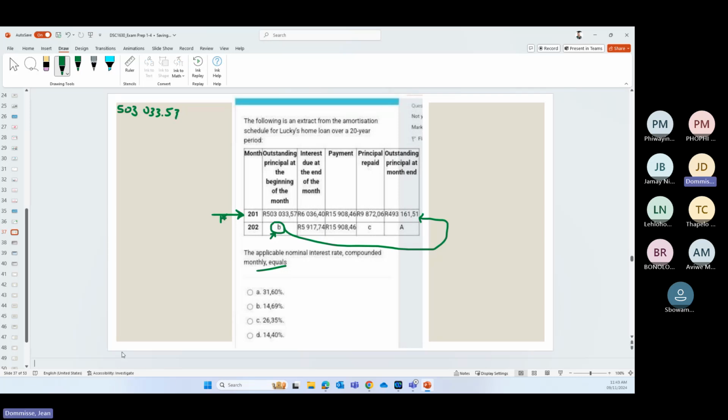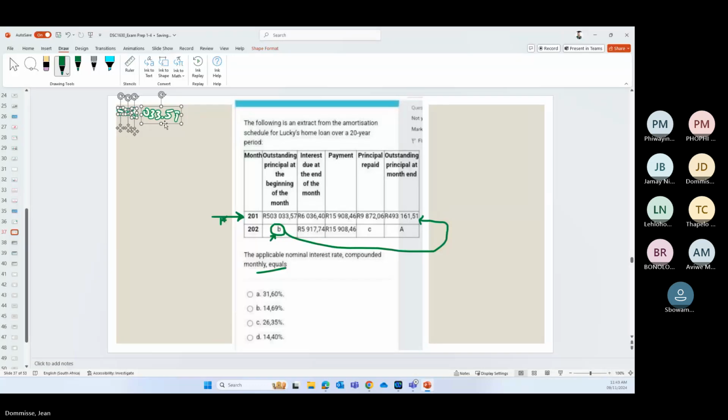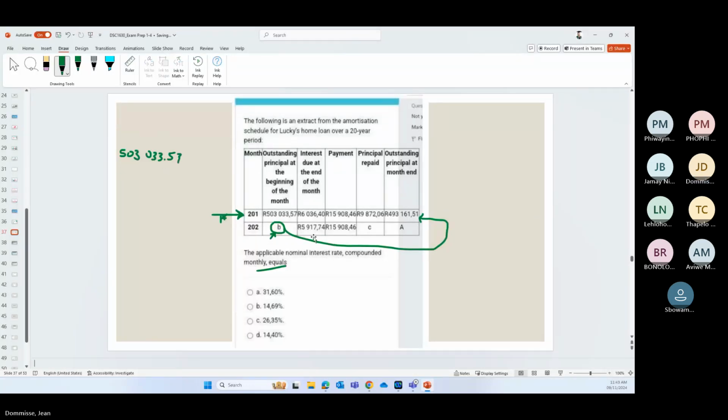We see that the interest that was paid, or the interest due, is 6036.40. Okay, so my first thing that I will do is to say that interest component, if I divide it by my original, that will give me my interest rate.